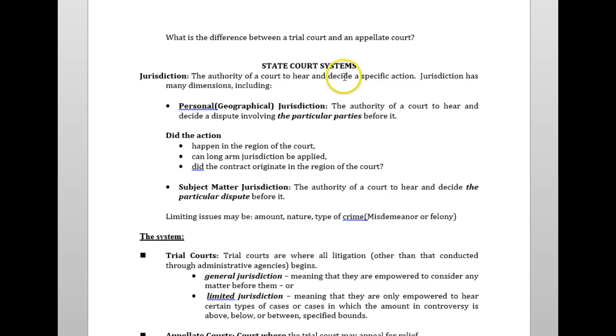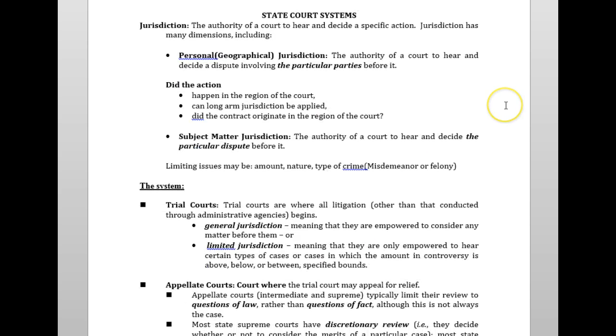The jurisdiction for a state court system is personal, geographic, and subject matter. And it can be limited in the amount, the nature, or the type of crime. So this is the criteria for being able to enter this system.